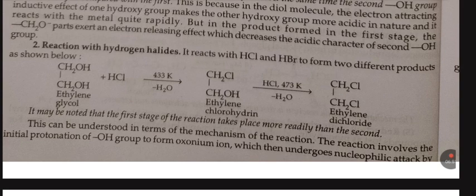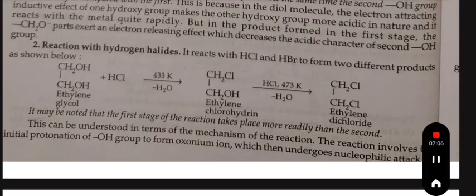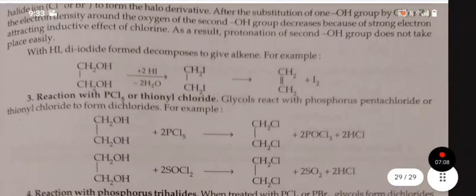This may be understood in terms of the mechanism of reaction. The reaction involves the initial protonation of OH group to form oxonium ion, which then undergoes nucleophilic attack by halide ion, Cl negative or Br negative, to form the halo derivative.